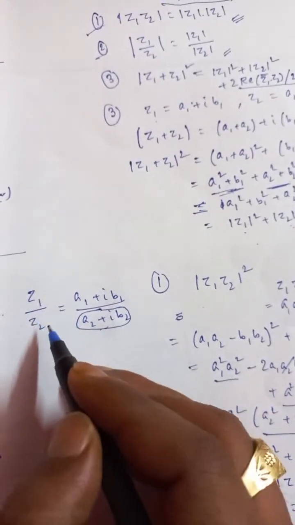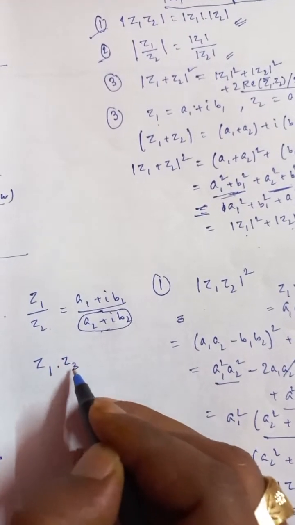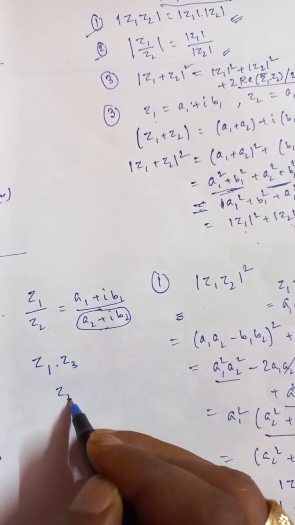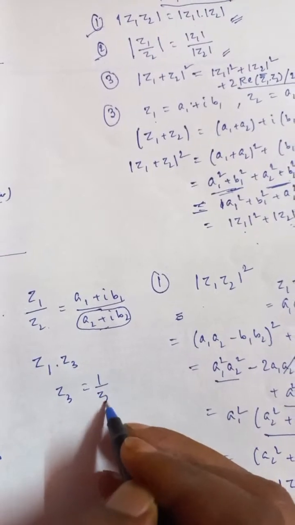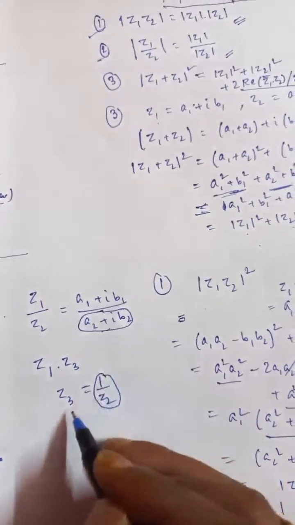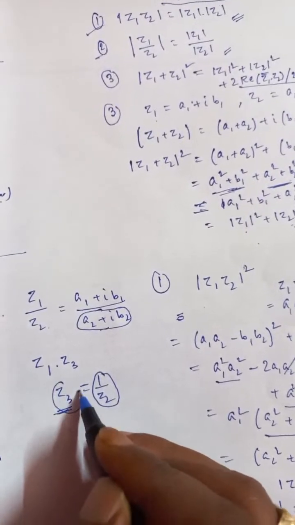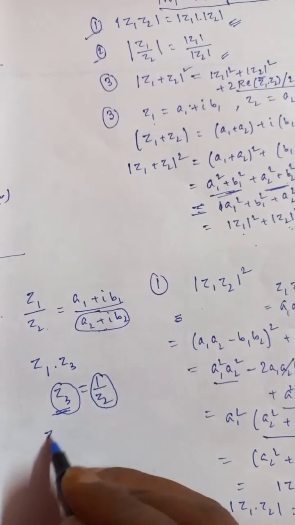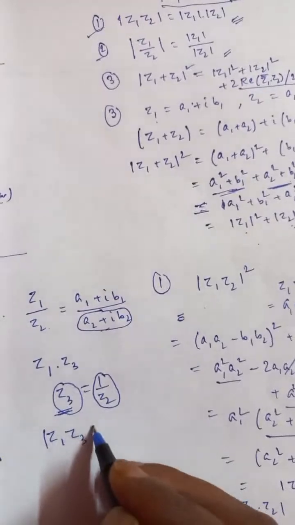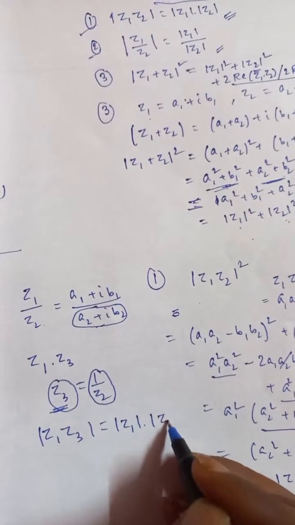So if we think that z1 is multiplied by z3, where z3 is equal to 1 by z2, since it is very easy that the 1 by z2 form of complex number can be transformed into z3 form. So we can take z1 z3 and take the mod form, then we will get mod of z1 multiply mod of z3.